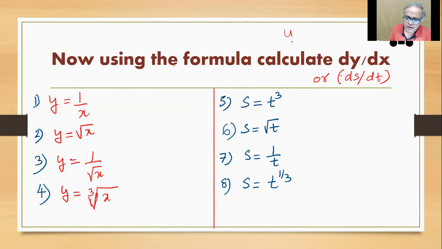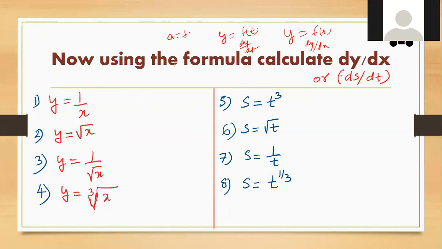If y is f of x, we find dy by dx. If y is f of t, I'll find dy by dt. If A is a function of some x, I'll find dA by dx. So you need to recognize both the variables first. What is the x variable? What is the y variable? Then you can calculate dy by dx.